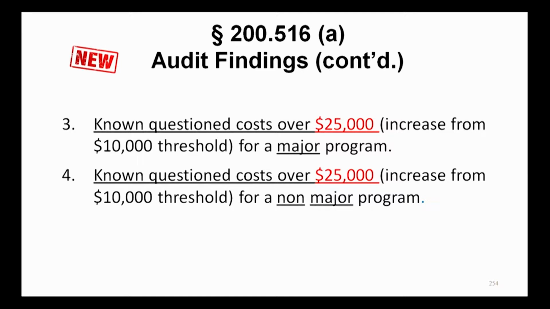516A, so the threshold for questioned cost has increased from $10,000 for both major and non-major programs, so it's now $25,000. What they're looking at is what's going to be material in terms of a finding if there's a questioned cost on a transaction.